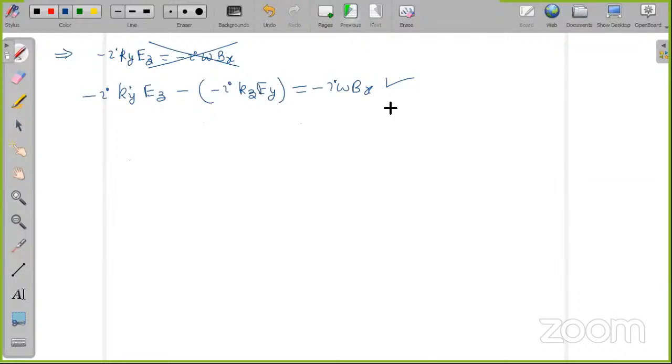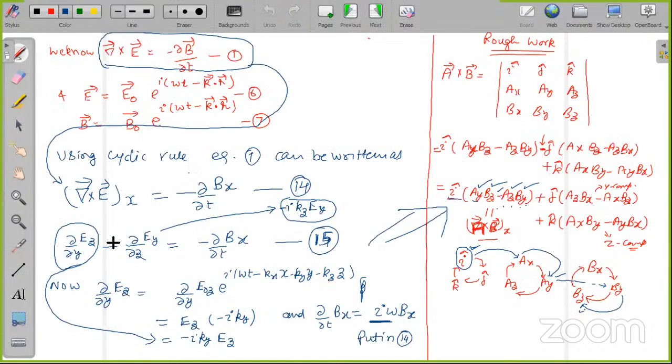Now you can see the previous page. Look at this minus sign: this is the first term, this is the minus sign, this is the second term, and this is the right hand side. Is it okay?